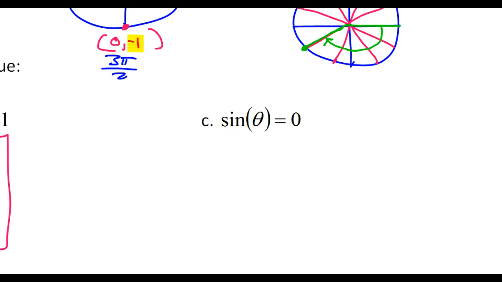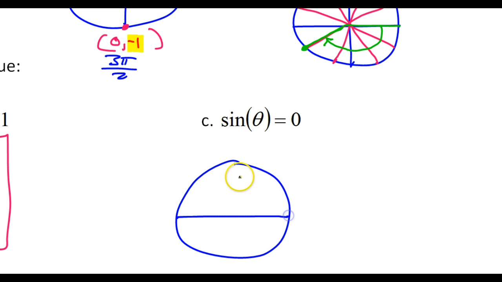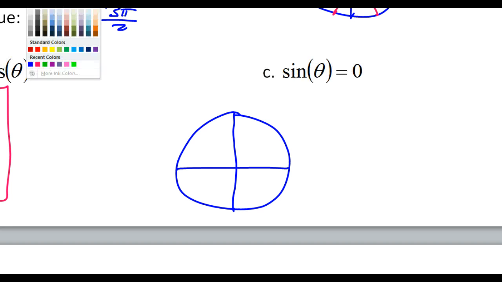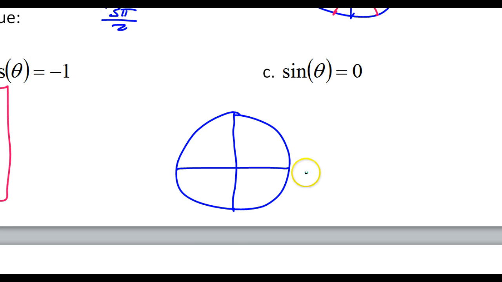Alright, and let's look at this last one. This is number 14C. Where is sine of theta equal to 0? So one more time, we could look at a unit circle. Like we did on the other problems, here we have 1 comma 0, 0 comma 1, negative 1 comma 0, and 0 comma negative 1.